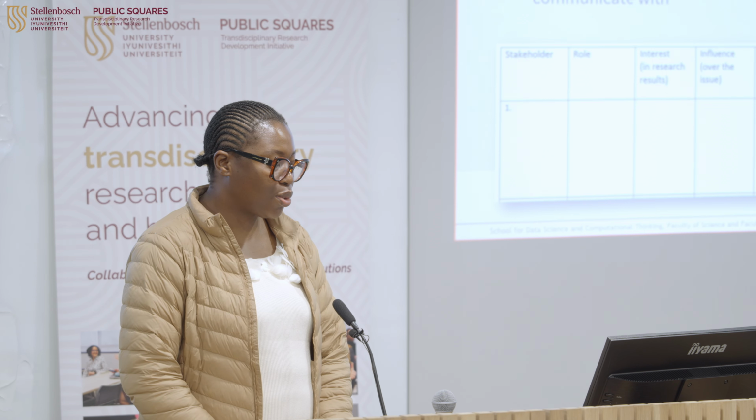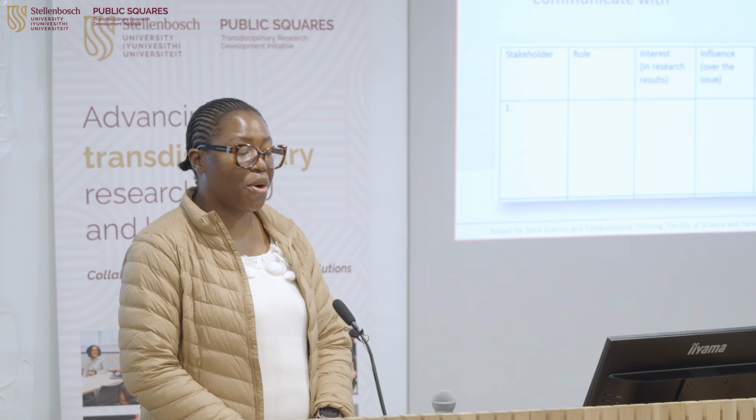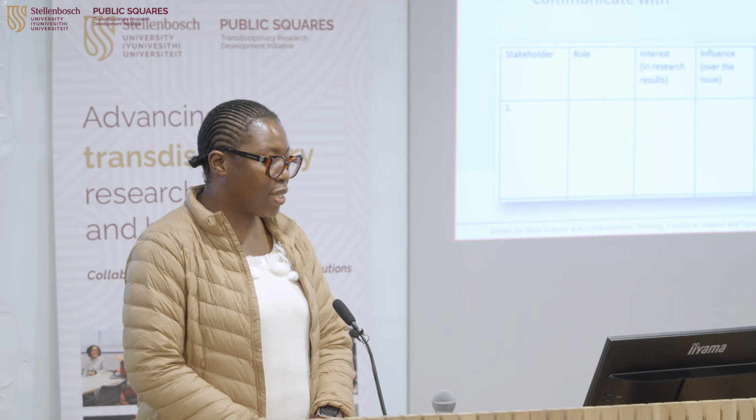This is also how you move from identifying your stakeholders. Now you develop this table, identify each stakeholder and their role, and fill in all the steps. Then there are 3 key things to look into when you're prioritizing the stakeholders.